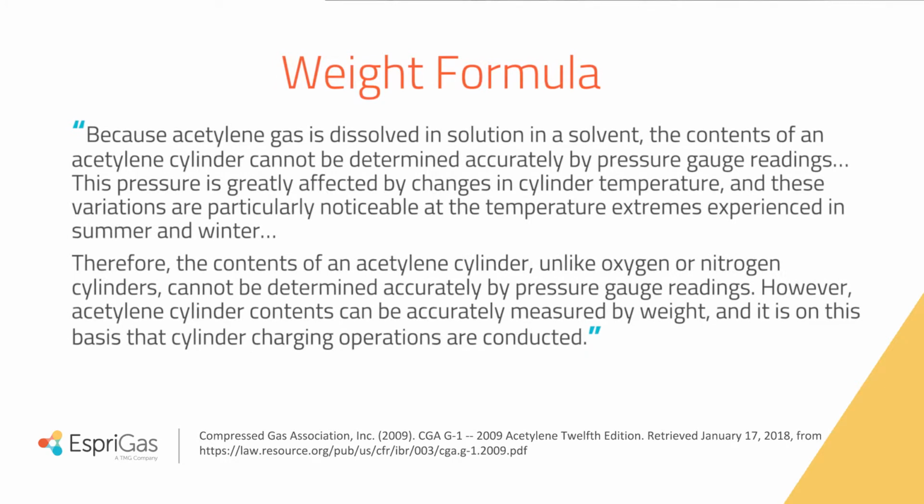To most accurately determine contents of acetylene cylinders, the CGA recommends using the weight formula. The weight formula is a recognized method for determining the content status of an acetylene cylinder, and it involves physically weighing the cylinder.